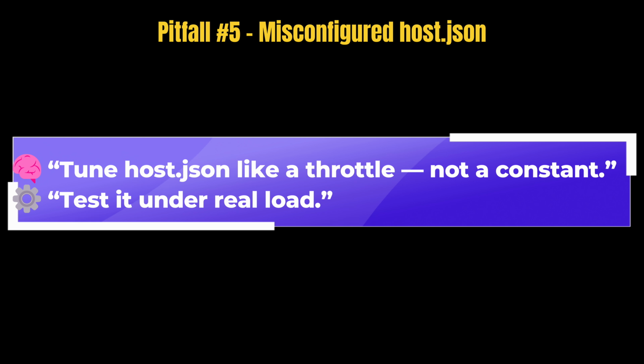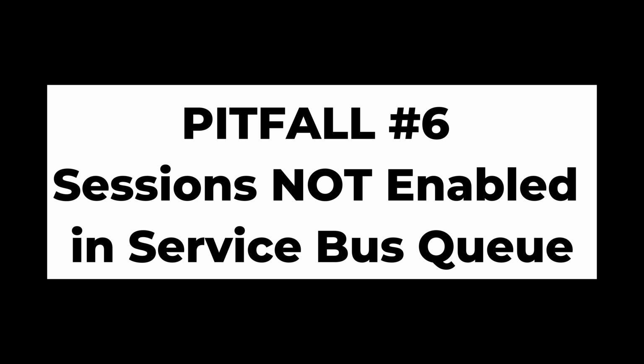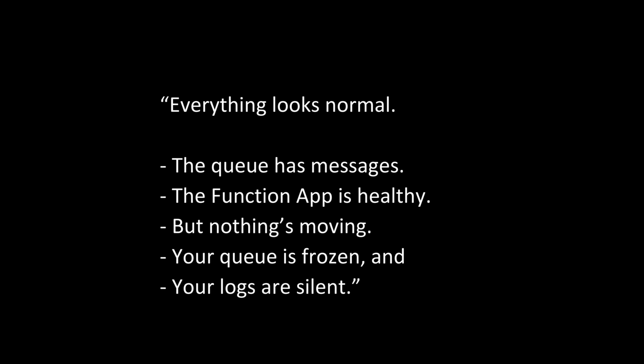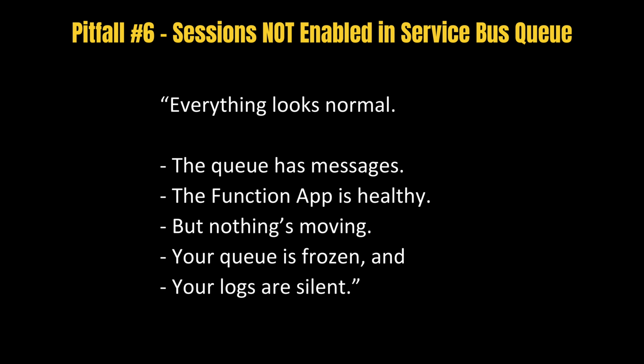Tuning concurrency and batch sizes is critical, but even perfect settings fail if you forget one thing: enabling Service Bus sessions. Service Bus sessions not enabled: the queue that never empties. Everything looks normal. The queue has messages, the function app is healthy, but nothing is moving. Your queue is frozen and your logs are silent. Active messages 12,487.